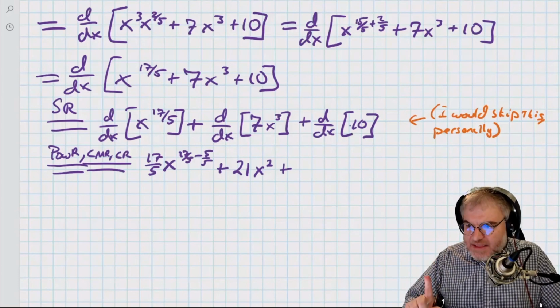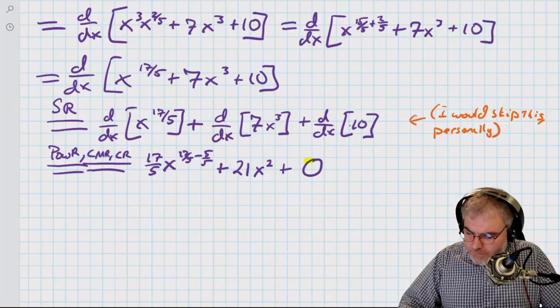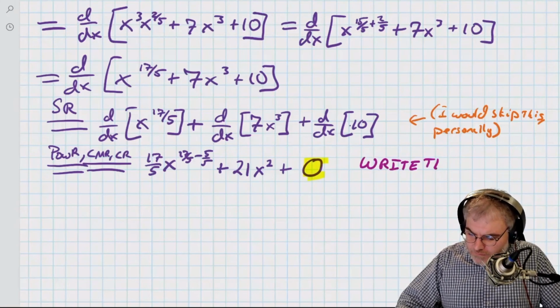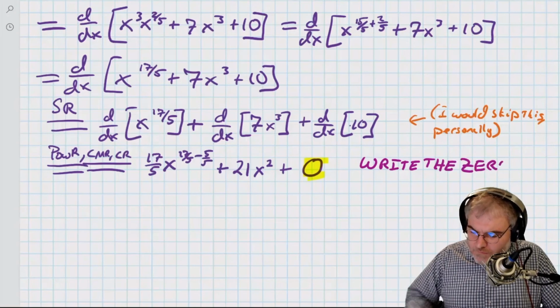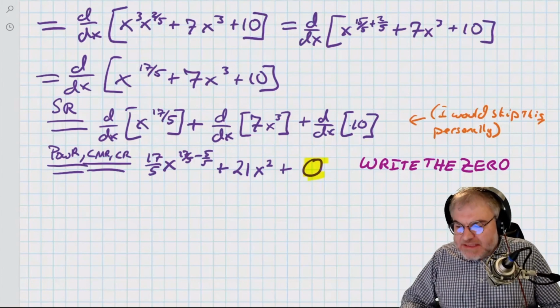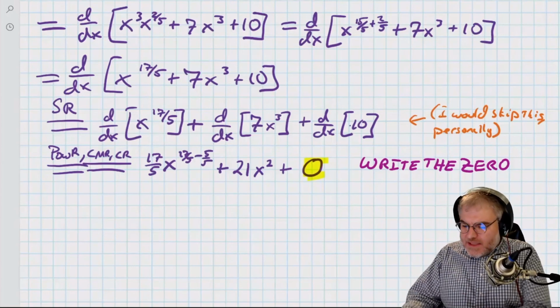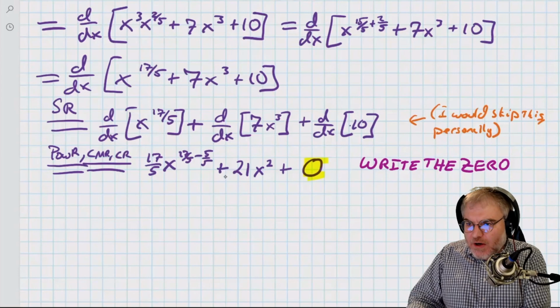I write the 0. It tells you what happened. I want to do that because if I mess something else up here and I don't write that 0, it's going to look like this 10 went nowhere, or this 10 is part of this part. I want to explicitly say what happened to the 10.